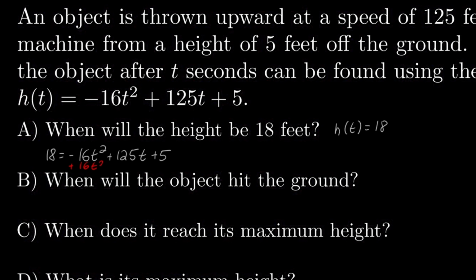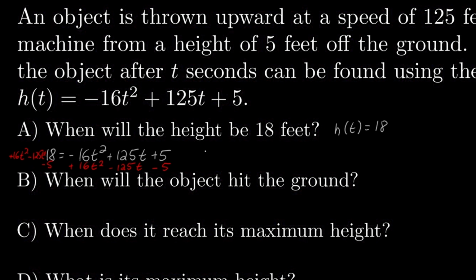We usually like to keep the leading coefficient positive, so we're going to add 16t squared to both sides, subtract 125t from both sides, and then subtract 5 from both sides. So this is plus 18, and we're going to subtract 5 on the left as well.